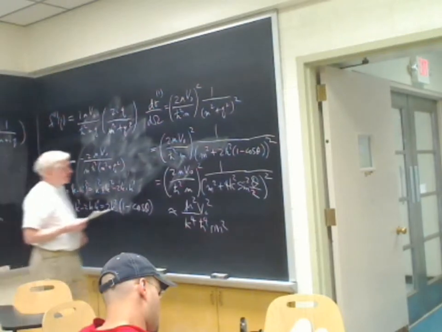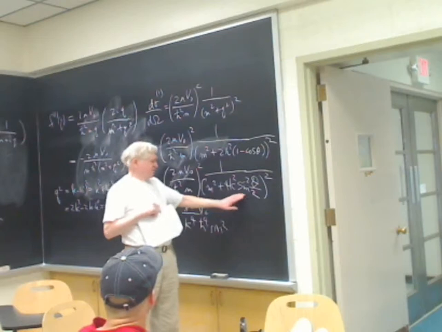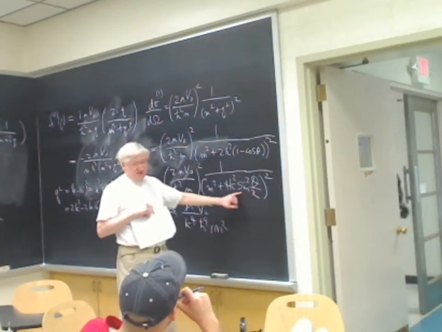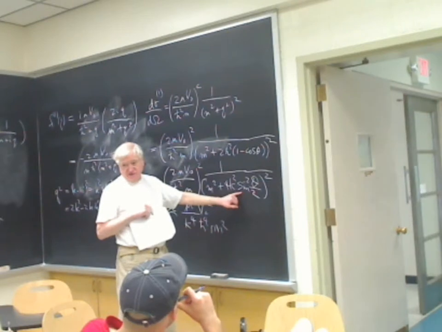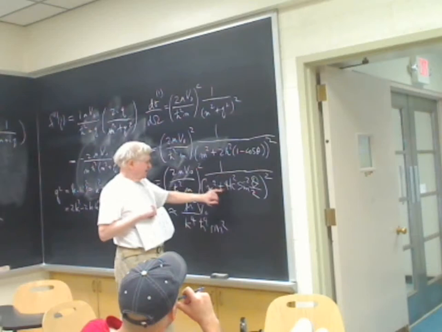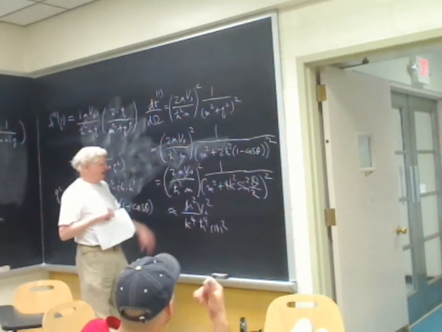Now, also, you can see here that in the forward direction, the sine squared of theta over 2 is going to be 0, as theta is equal to 0. So in the forward direction, this k to the 4th behavior goes away.